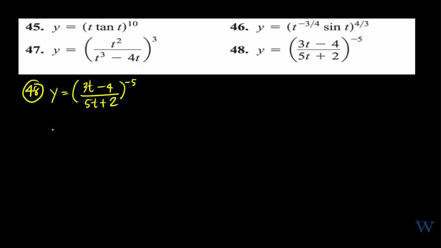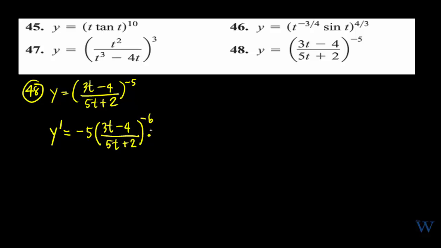Right? So let's see. What is y prime? That means what is dy by dt? Well, take the big picture. What is the big picture? We take negative 5 times something raised to the negative what? Minus 5 minus 1 is minus 6. But you just copy the argument 3t minus 4 divided by 5t plus 2.